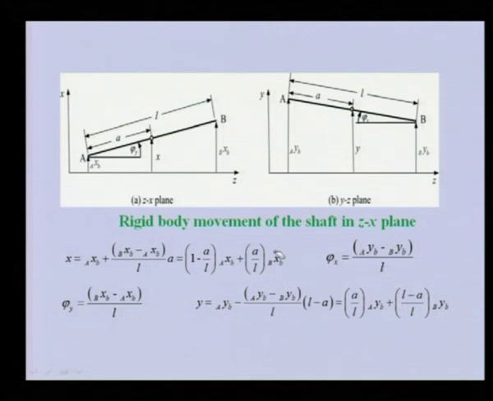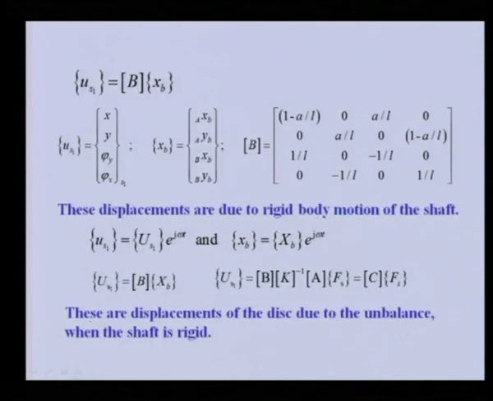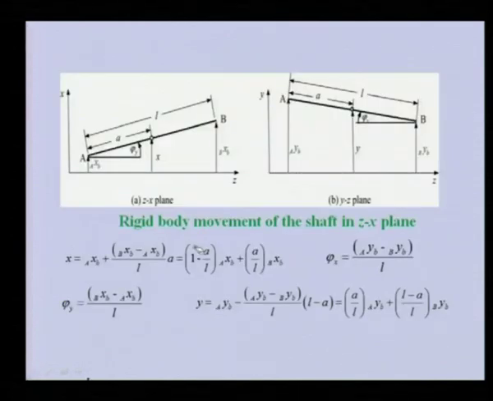So, these four relations, which give the displacement of the disc due to bearing displacement when we consider the shaft as rigid, can be combined in a matrix form like this. The shaft displacements are x, y, phi x, and phi y; the bearing displacements at bearing A and B are linear displacements only, and this B matrix will contain all the coefficients related with x b. In the previous equation, you see they come from these coefficients.